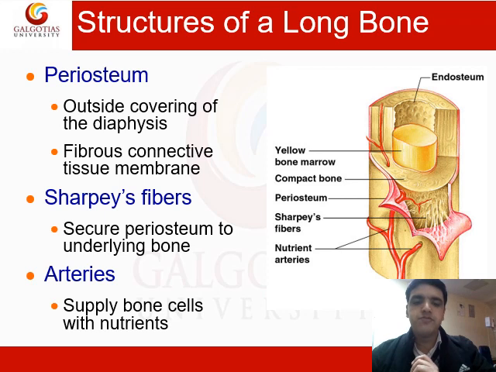Next are Sharpey's fibers. Basically, Sharpey's fibers are the fibers which secure the periosteum to the underlying bone. Even though the periosteum is the outer membrane, it is connected to the bony tissue with the help of Sharpey's fibers. Apart from that, arteries are also present, which supply the bone cells with nutrients.